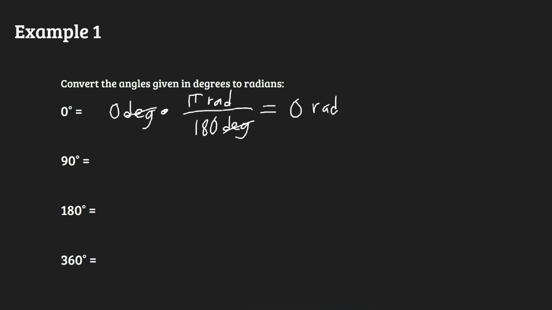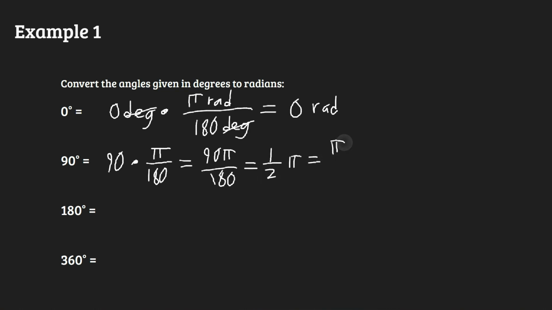Now for 90 degrees, we're just going to do 90 times pi divided by 180, and we're going to get 90 pi divided by 180, and this is going to be equal to 1 divided by 2 pi, or just pi over 2 radians.